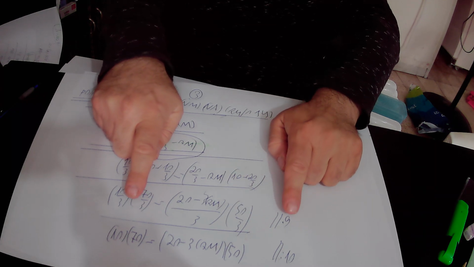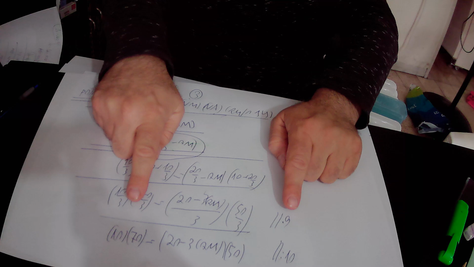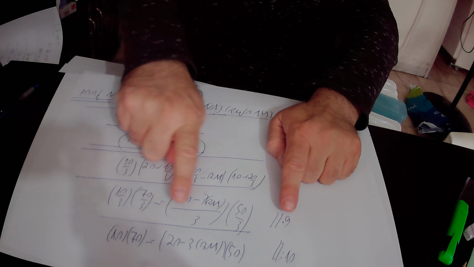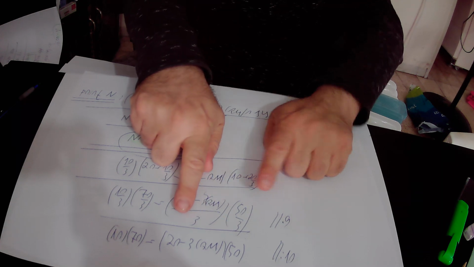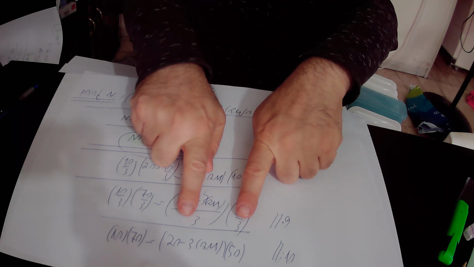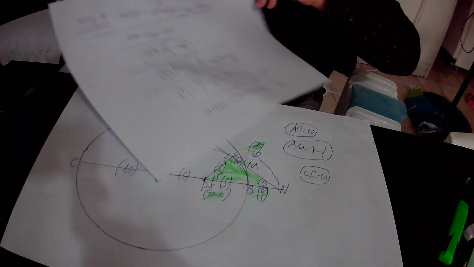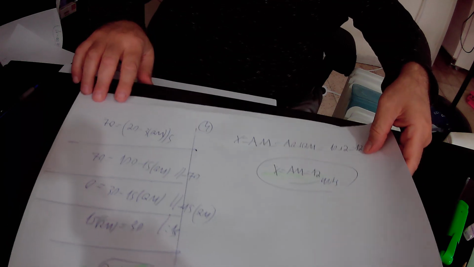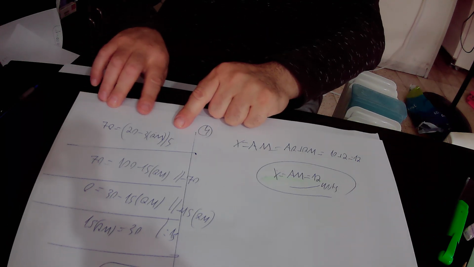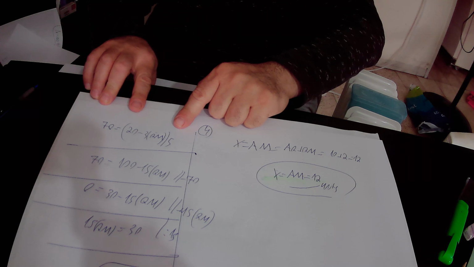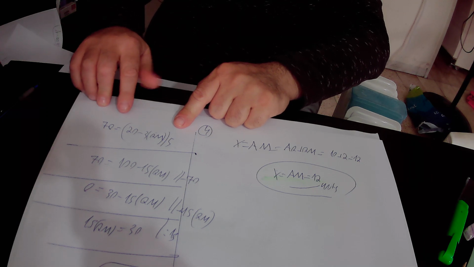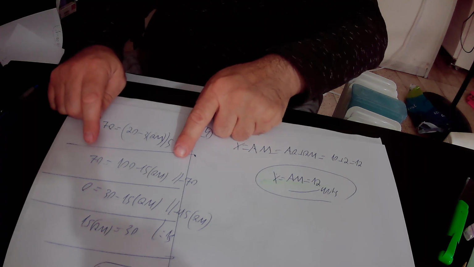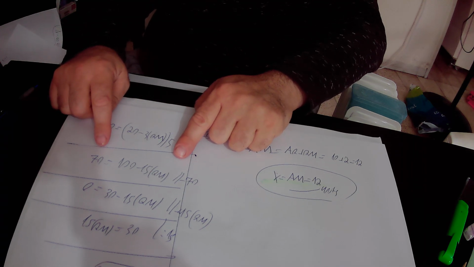Here we divide the equation by 10: 10 over 10 is 1, so on this side we leave 70, and 50 over 10 is 5, so on this side we leave 20 minus 3QM times 5. So 70 equals 20 minus 3QM times 5. Opening the bracket, 5 times 20 is 100, and minus 3QM times 5 is minus 15QM. So 70 equals 100 minus 15QM.